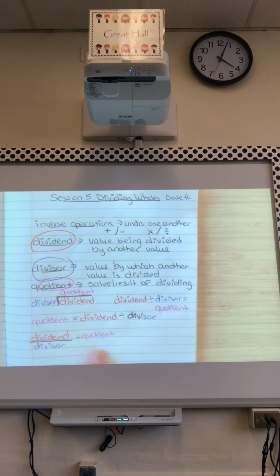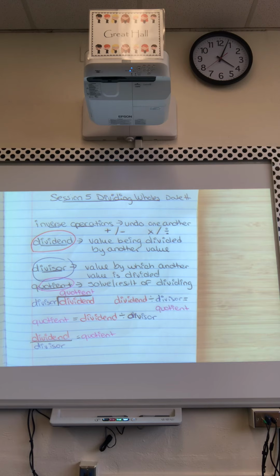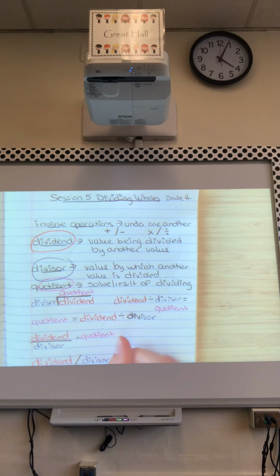Now your quotient can go in either the right or the left as long as you have the equal sign to distinguish them. And then you'll also see it written like this. Dividend divided by your divisor equals your quotient.